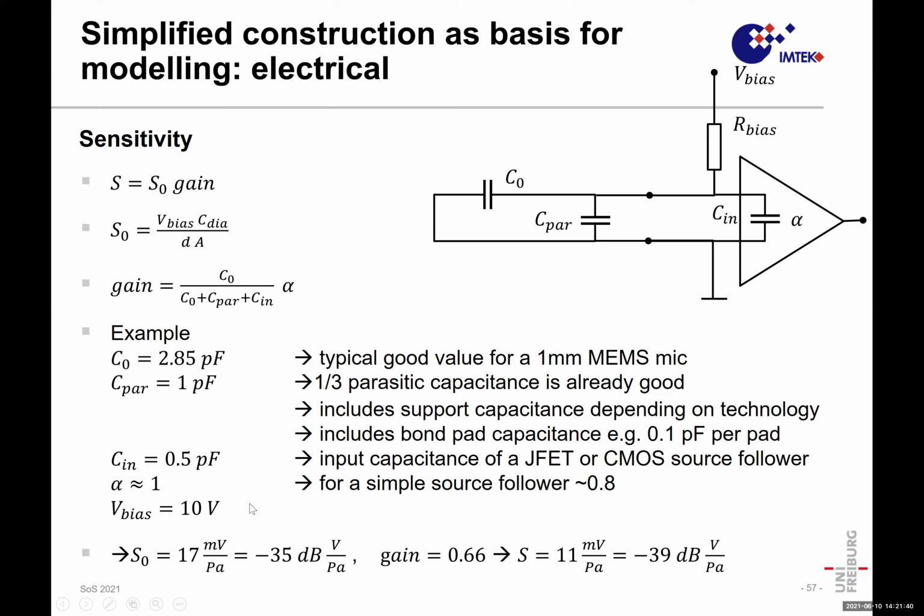If we bias our system with 10 volts, for example, and we get a sensitivity of 17 millivolts per Pascal, with a gain of 66%, that ends up with a sensitivity of 11 millivolts per Pascal. Still okay. It will never be ideal, but it is the situation that we face. We lose something with parasitics, and if you're good, we have intelligent designs with less parasitics.